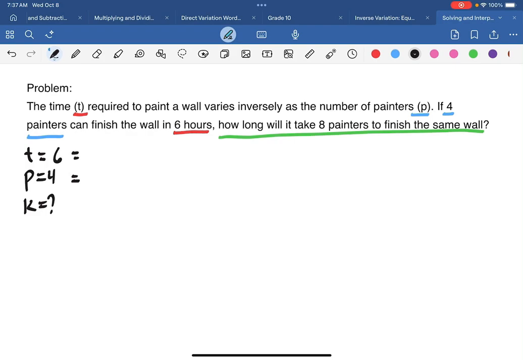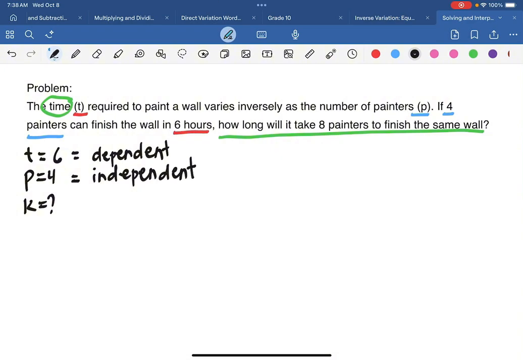Of course, the time would be dependent here. The time, or T, would be dependent on how many painters there are to finish painting the wall. So T here is our dependent, and the number of painters is our independent.